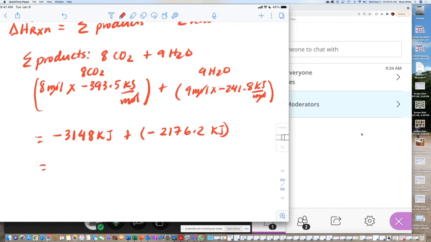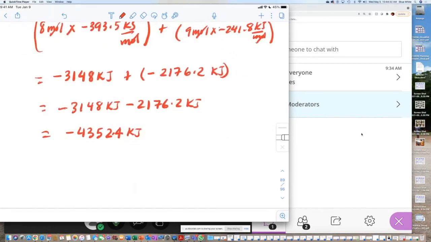Okay, so we take this as negative 3148 kilojoules, not plus, minus 2176.2 kilojoules. So we subtract those, and we end up with negative 4352.4 kilojoules. Okay, so this is the product side.